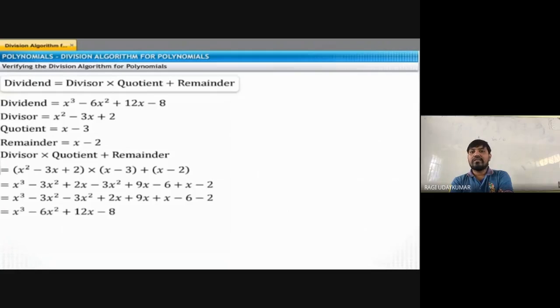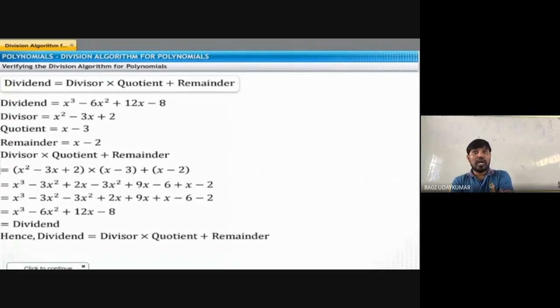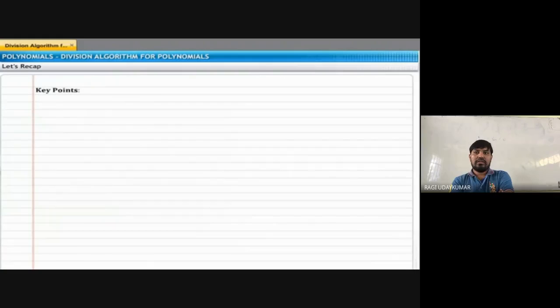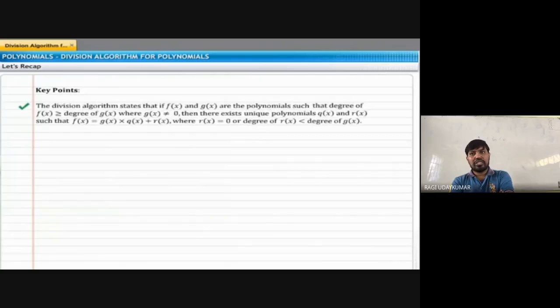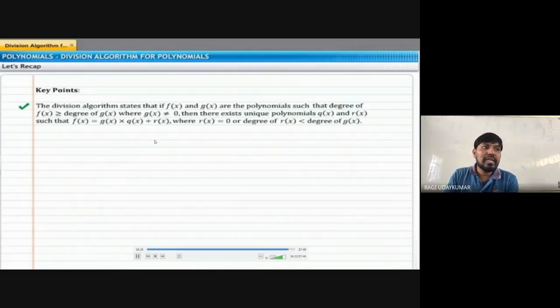So dividend is equal to divisor into quotient plus remainder. Here the dividend is usually represented as p of x or f of x, g of x is the divisor with which we perform the division, q of x is the quotient and r of x is the remainder.